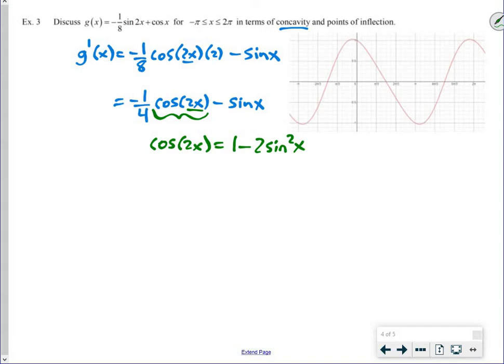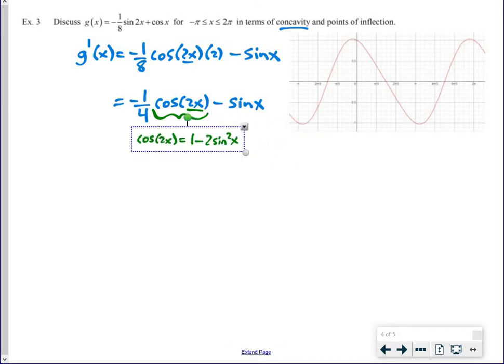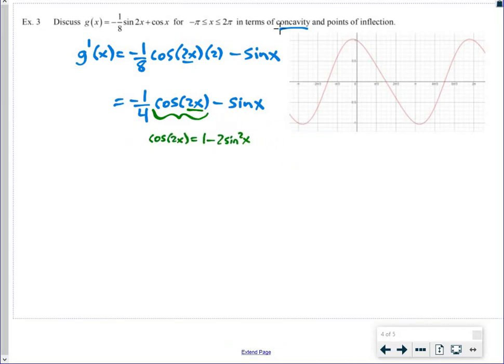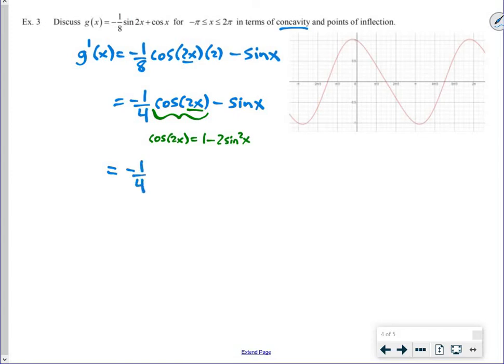So that should be correct, hopefully, double check. 1 minus 2 sine squared x. Okay, fine. So that's what I'm going to use in place of cos 2x, so let's do that. So negative 1/4, 1 minus 2 sine squared x, minus sine x.